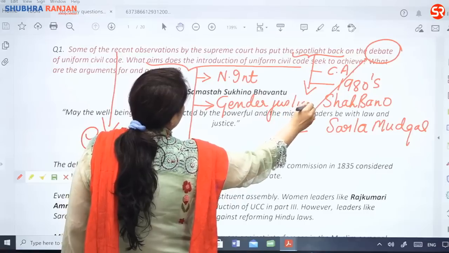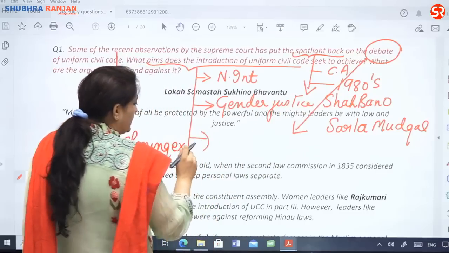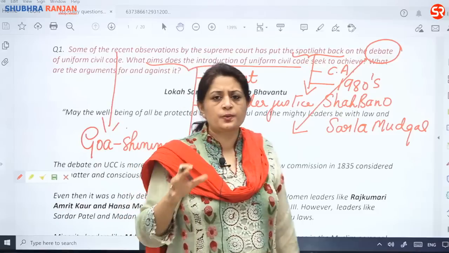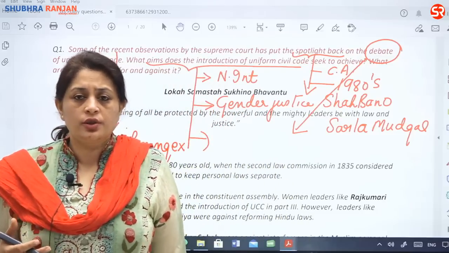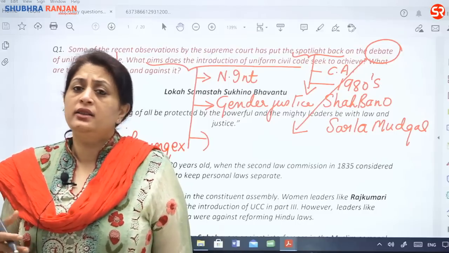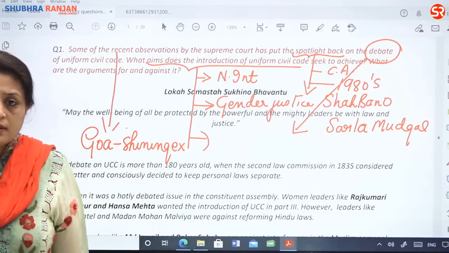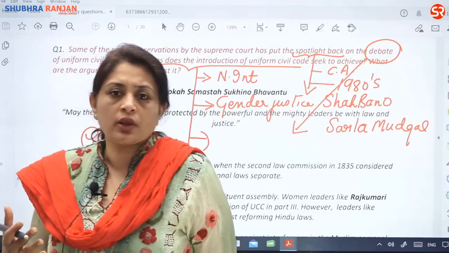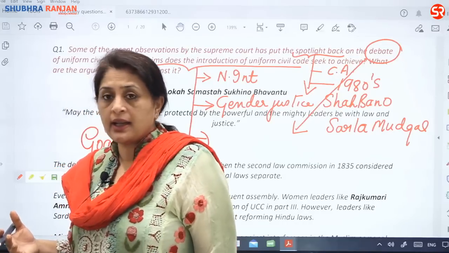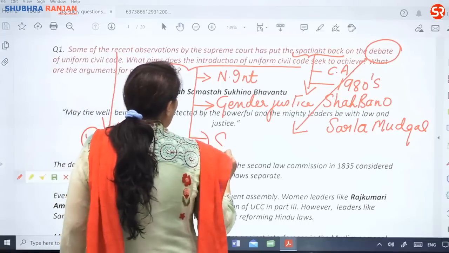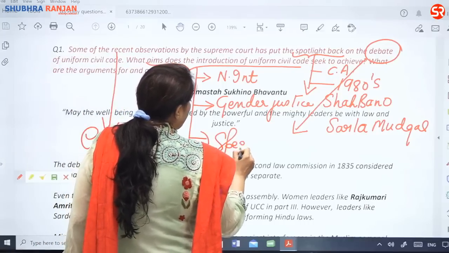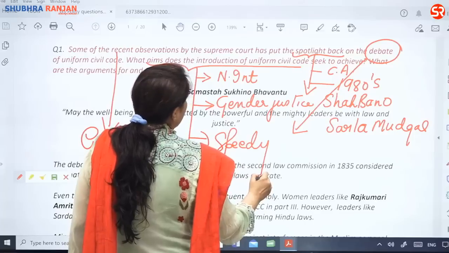The third argument is that when there are different systems of law, it is troublesome for the judiciary, and that delays the process of justice. So for the sake of speedy justice, it will be much better if the laws are refined, reformed, modernized.